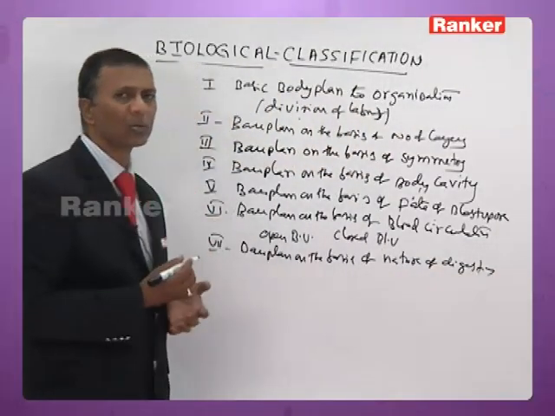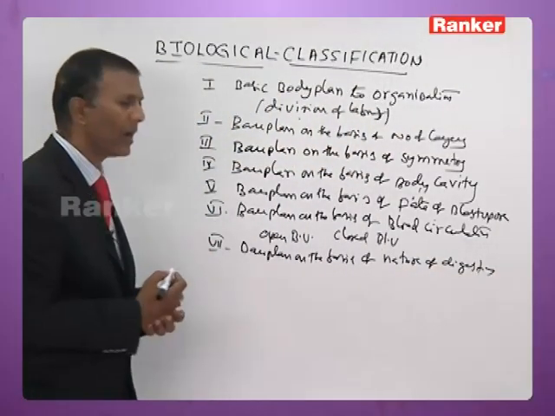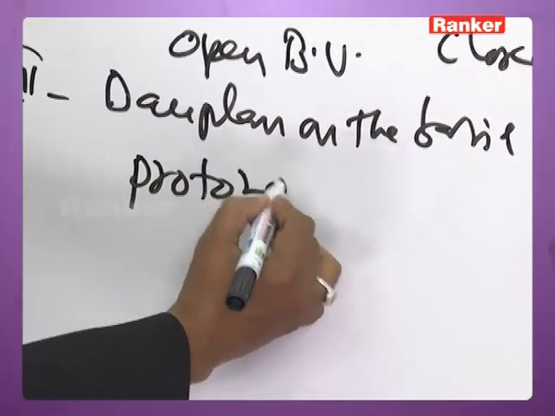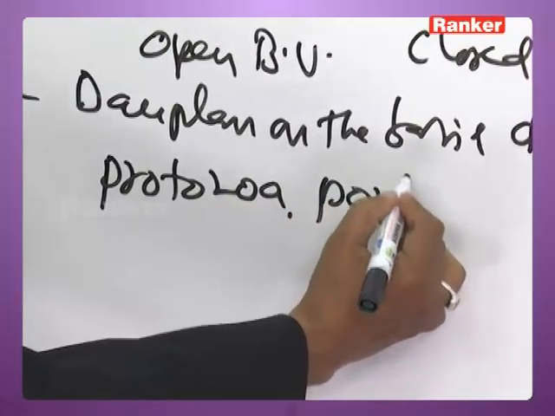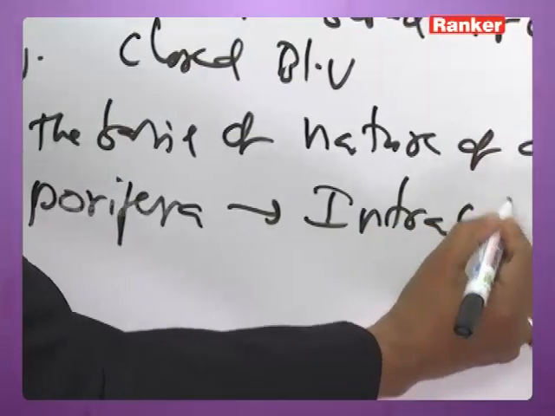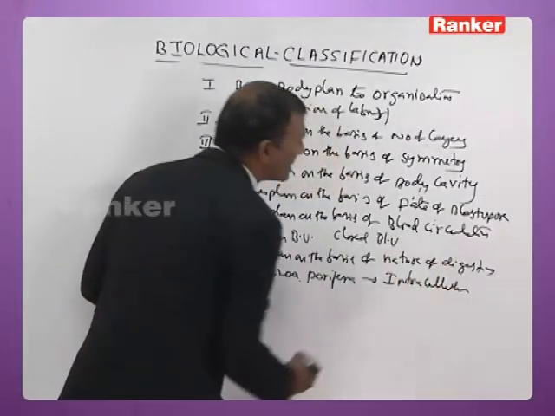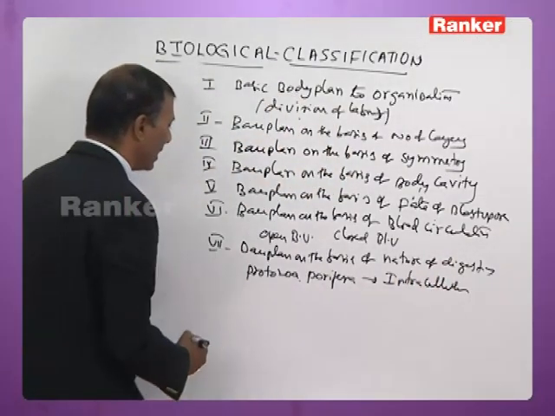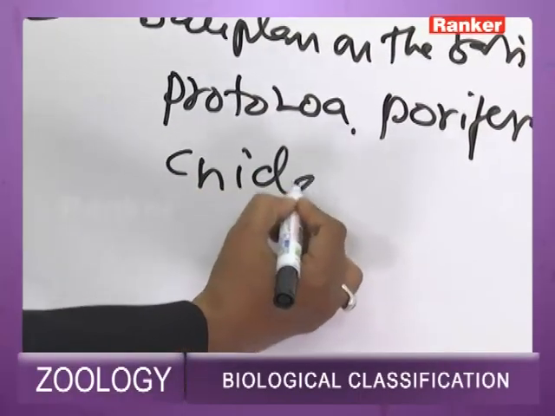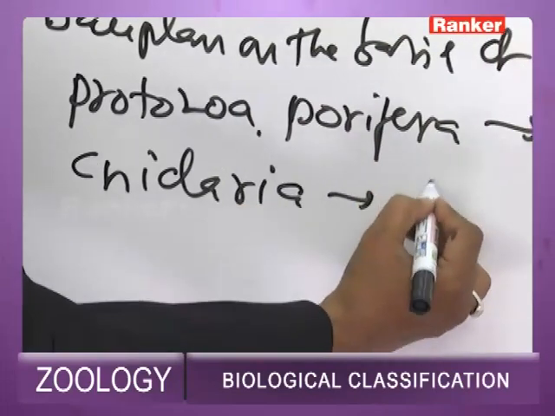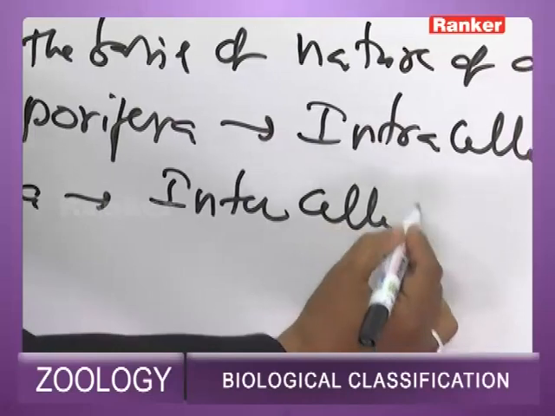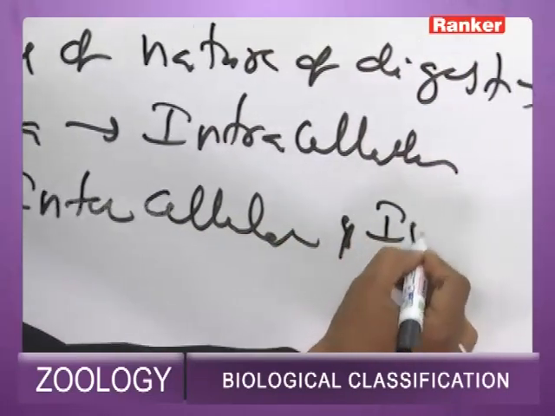Suppose you take Protozoa and Porifera, the mode of digestion is intracellular, and it takes place inside the food vacuole. Then you take Cnidaria. In Cnidaria, digestion is both extracellular and intracellular.